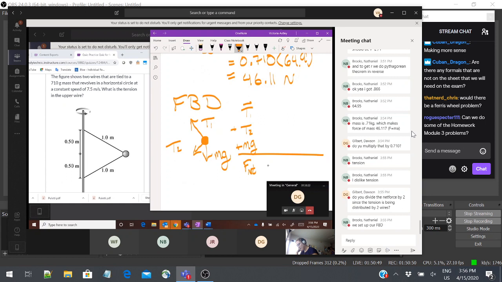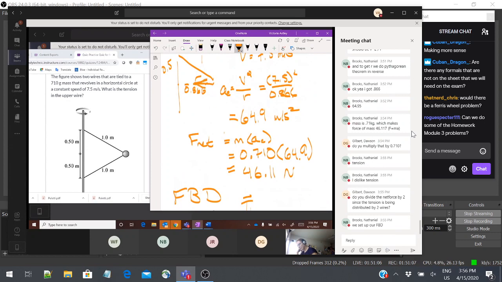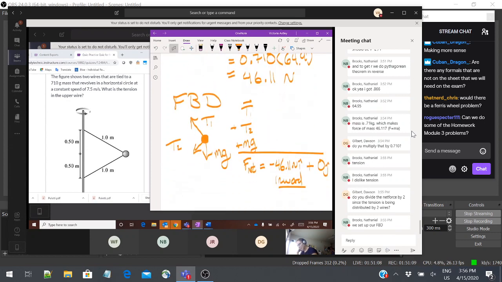And we know that our net force is negative 46.11 newtons in the I hat direction and nothing in the J hat direction, right? Because this is inward, which for us is this way. Okay, so this is 0 I minus 0.71 times 9.8 is 6.958 J.